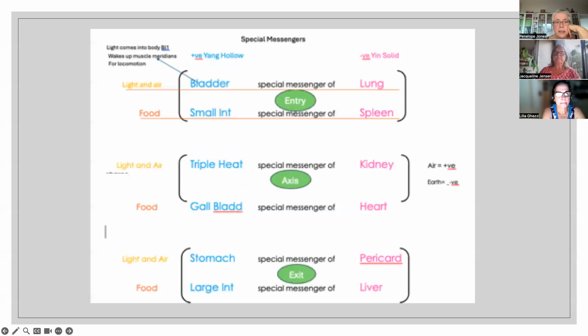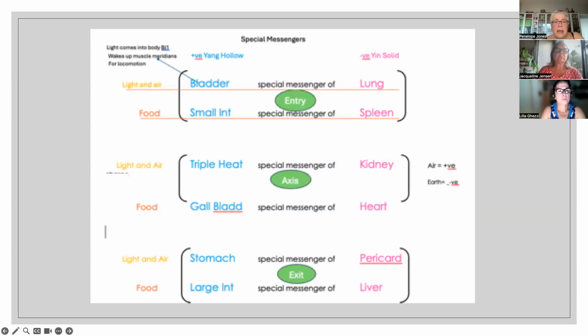Okay. Now, this is like the composite of everything, and this is what I want to help you to understand. These four are the entry, these four are the axis, and I'll explain that later. And these ones are the exits, right?